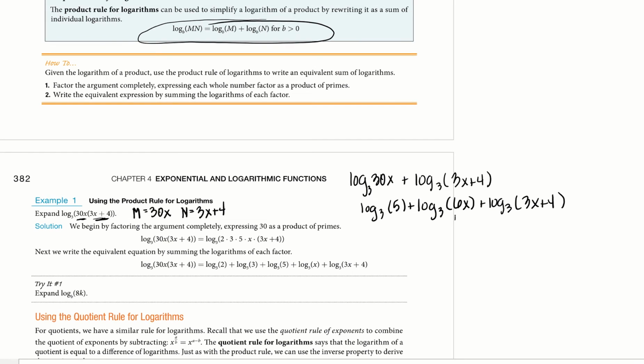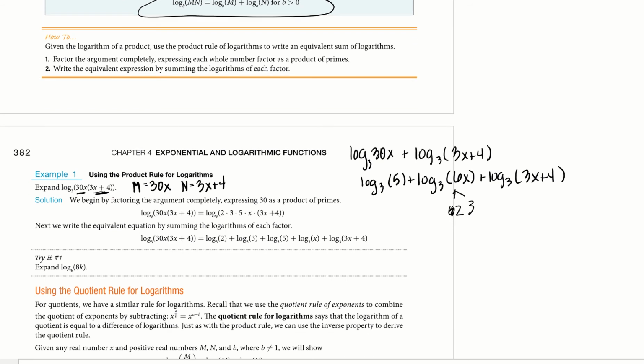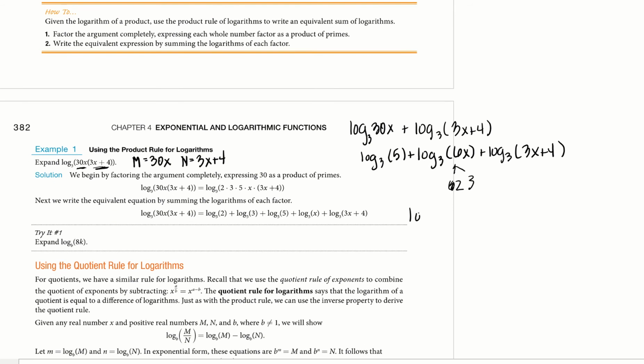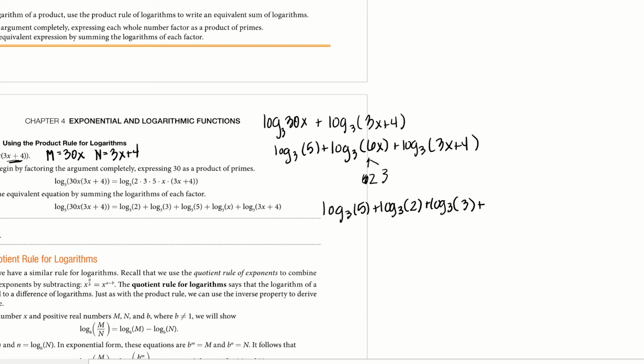Now here, 6 is 2 and 3, so we can break this up. It can be log base 3 of 5 plus log base 3 of 2 plus log base 3 of 3, plus, and notice how the x is also multiplied, so that means we can pull that one out on its own, plus log base 3 of 3x plus 4.